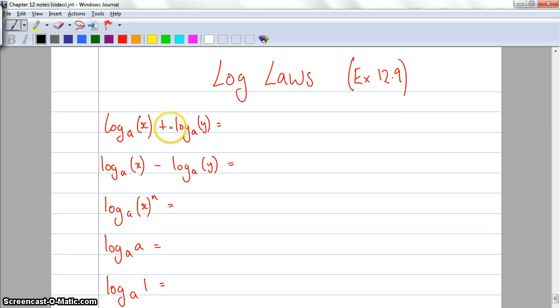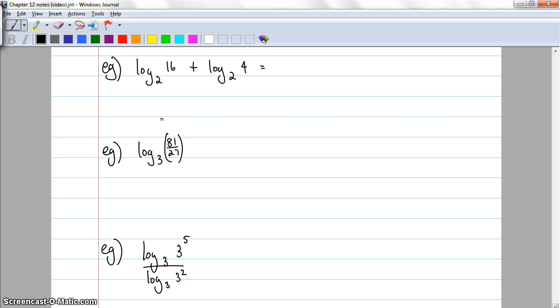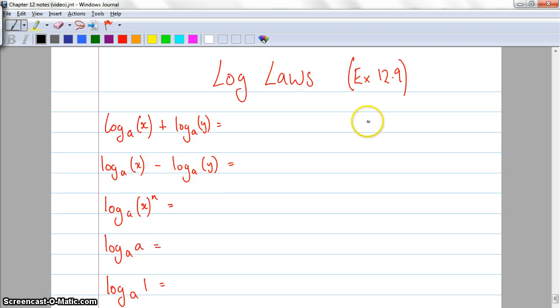If it's any other number, this won't work. If there's a 2 or a 3, which you might see a little later, then no. If you see, say, 2 log A of x plus log A of y, you can't add those two things together unless you do something with this 2, which I'll show you a little bit later.